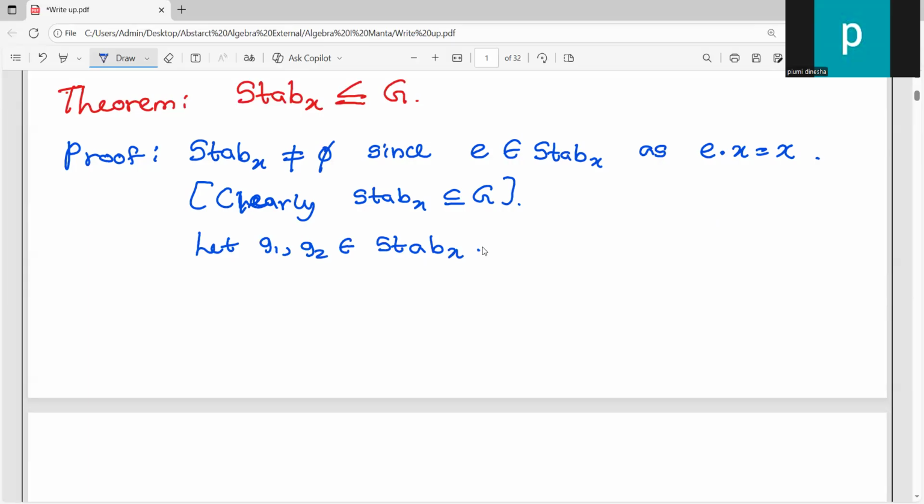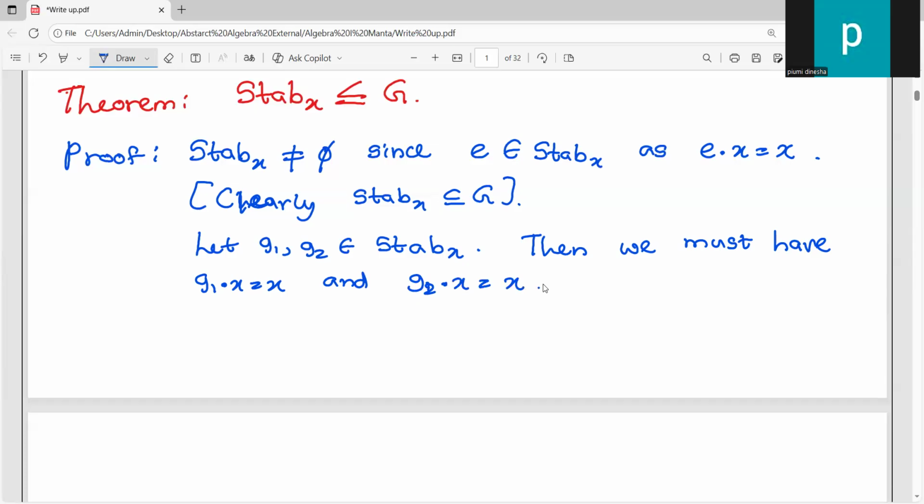Because these two are taken from the set Stab(x), we know that they have to satisfy the given condition of the set. In other words, they must fix the element x. Then we must have g1 dot x equal to x and g2 dot x equal to x.